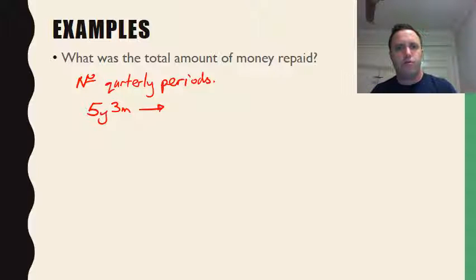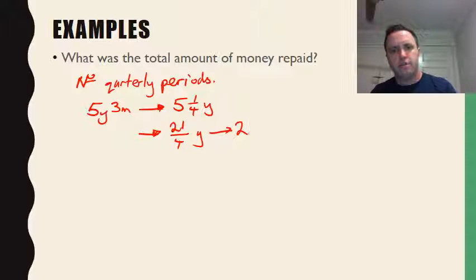So 3 months is a quarter of a year, so that equals 5 1/4 years, which is 21 quarter years, which gives us 21 quarters. Okay, so it's 21 sets of quarters in which Barbara is paying this back.